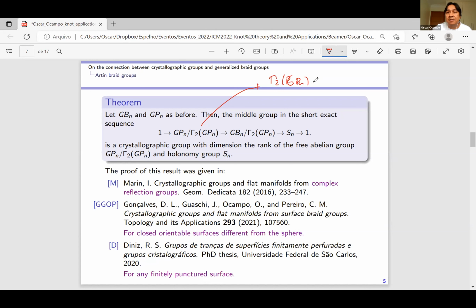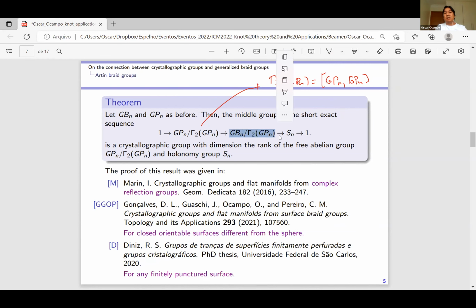It is the second step of the lower central series, so it is the commutator subgroup of the group. So this kind of result means that the middle group is a crystallographic group.